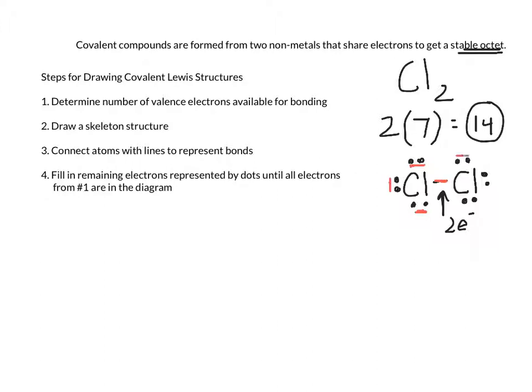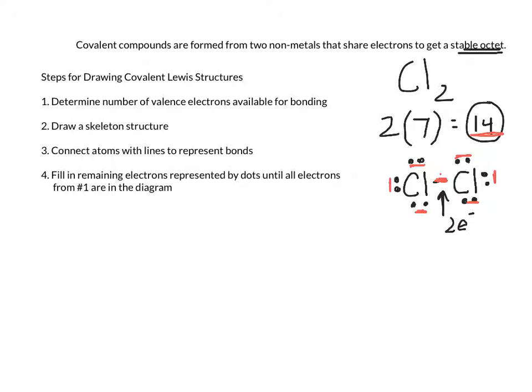Then I have the same thing over here, 2, 4, 6, and the 2 that are sharing, so that's 8 for each chlorine. And I've represented all 14, right? 2, 4, 6, 8, 10, 12, 14 in my structure. And so I'm done. There's my first Lewis structure.